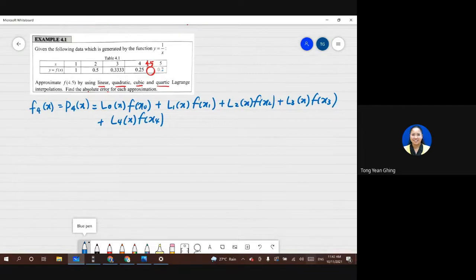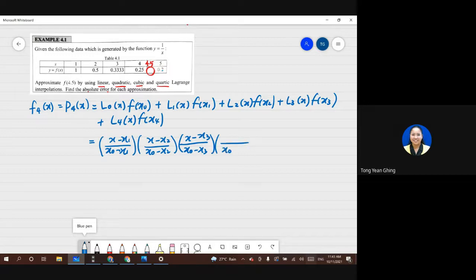And then we expand: x0 minus x1, x minus x1, x0 minus x2, x minus x2, x0 minus x3, x minus x3, x0 minus x4, x minus x4.